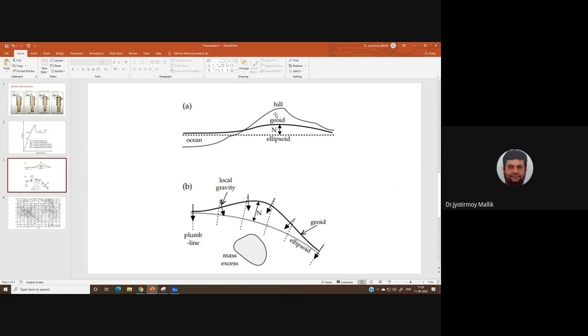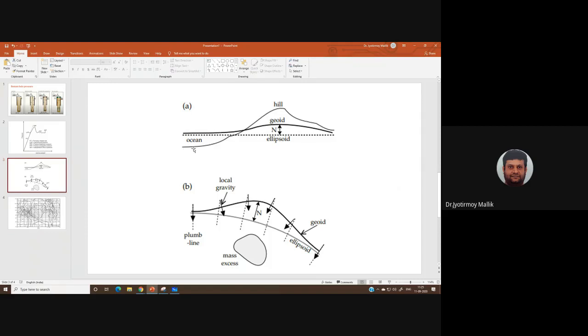Because in the calculation of g, there is a direct relationship. It's dependent on the mass. So hence my geoid is pushed up from the international reference ellipsoid.